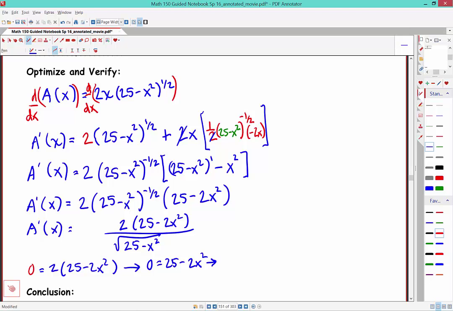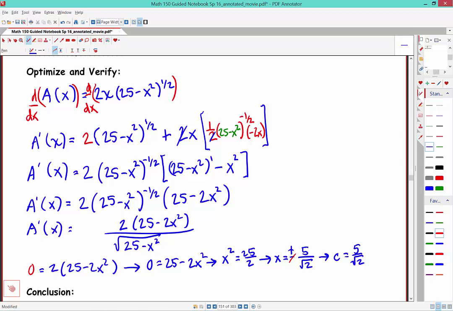So that'll give us that x squared is equal to 25 halves, which will give us that x is plus or minus 5 over root 2. Now we'll throw out that negative, because remember that our base is going to be a measure, a distance, so we'll just keep the 5 over root 2, right? So that will be our c, 5 over root 2.